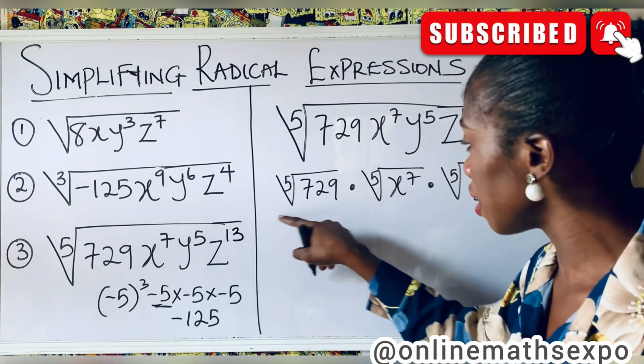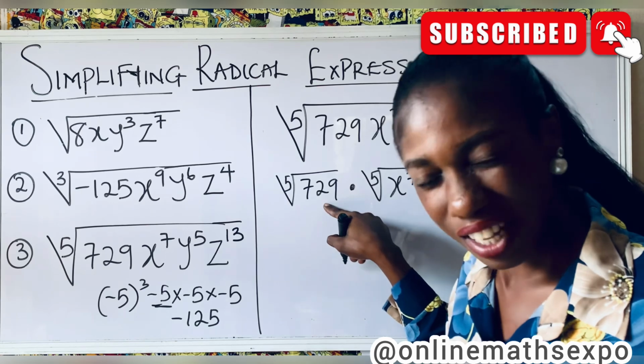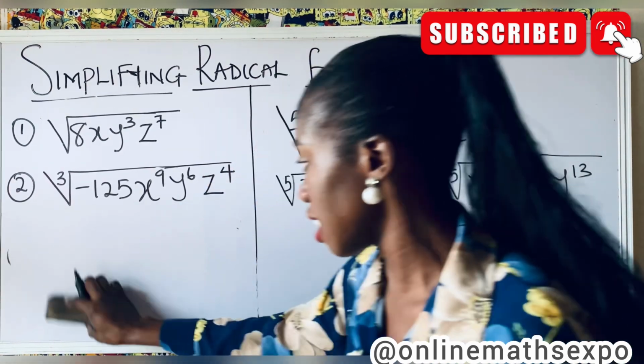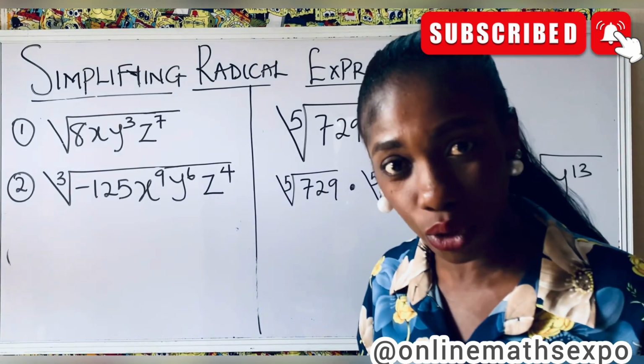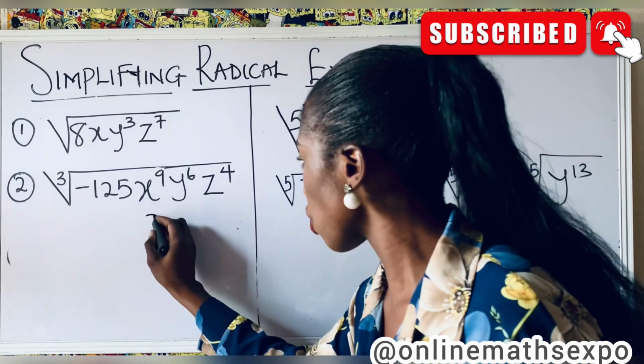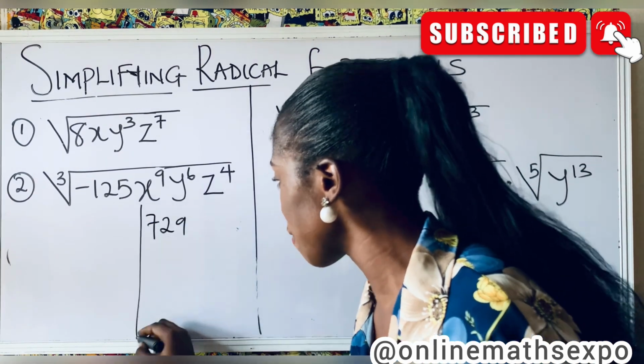So if you find it difficult to get this without a calculator, let me show you what you will do. If you know what to do easily, you can simply do that, and let's see if it corresponds with what you want to do. So we're going to have 729.